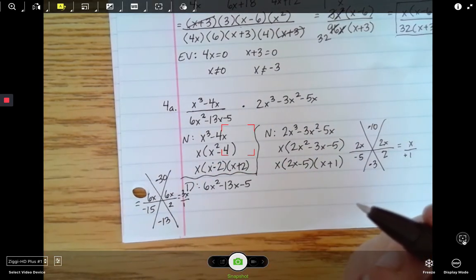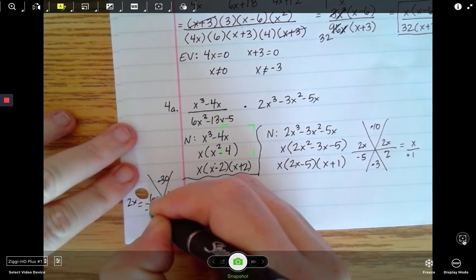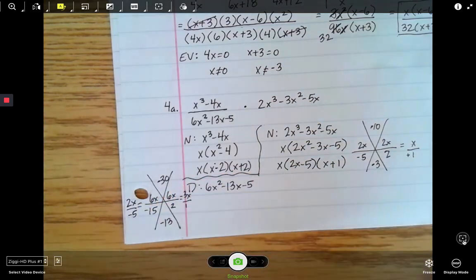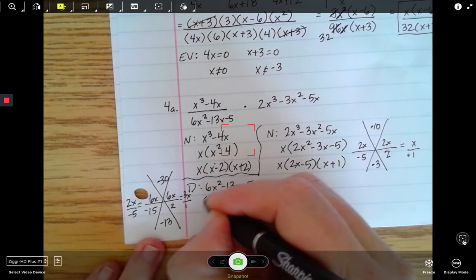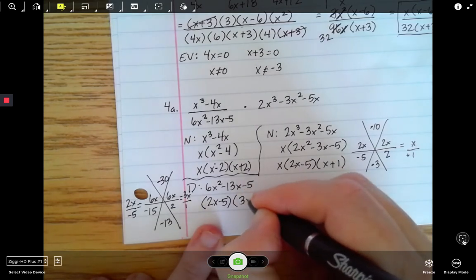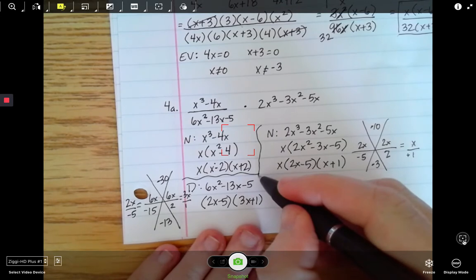Let's see, we can take out a 3. 6 divided by 3 is 2. Negative 15 divided by 3 is negative 5. So 2x minus 5 times 3x plus 1.